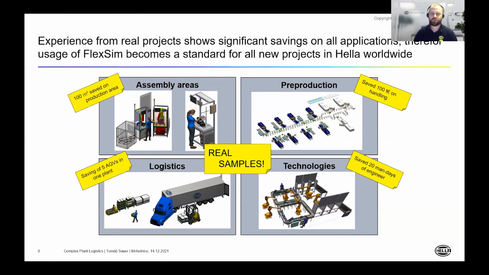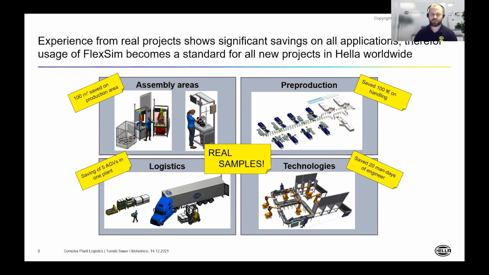From the conveyor system perspective, we have a use case where we saved 100,000 euros because we calculated with the simulation the right number of workpiece carriers, again compared to the supplier's offer. And last but not least, experience tells us that we also save manpower.